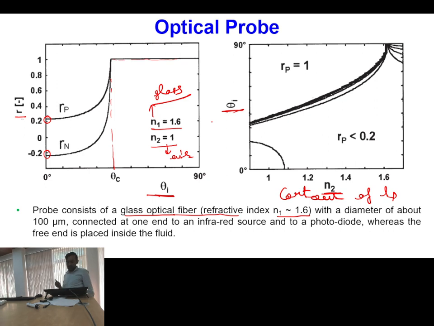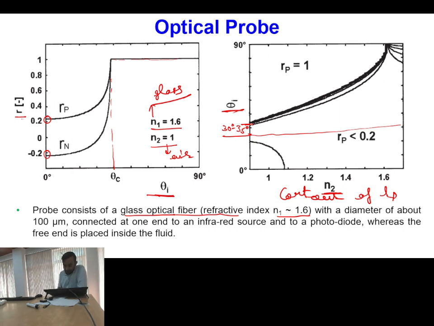Typically, when theta i is less than 30 to 35 degrees, then below that, even if you keep on changing the value of refractive index, your Rp value is not actually changing.